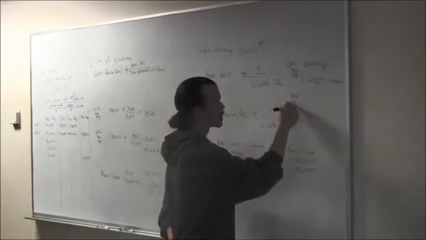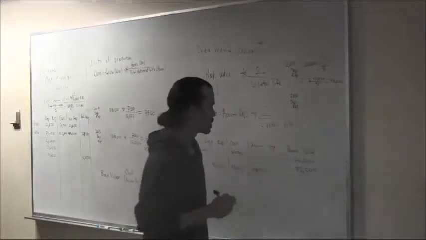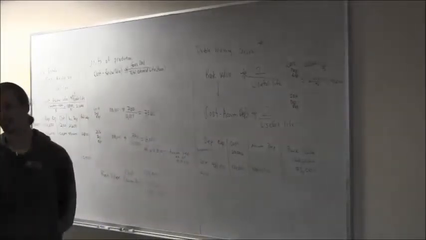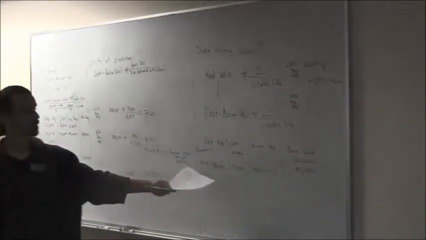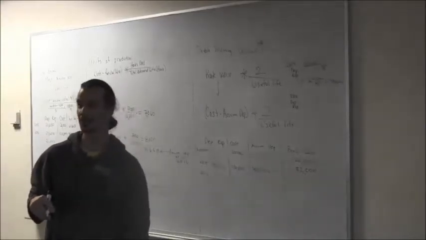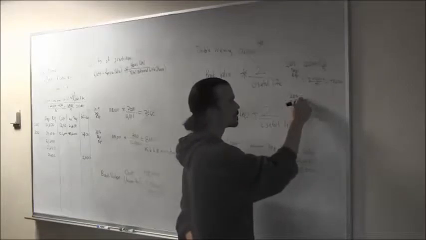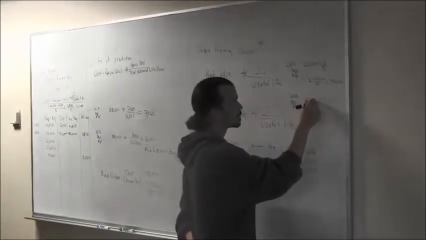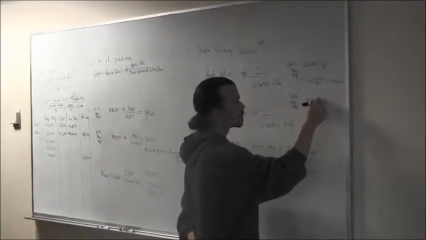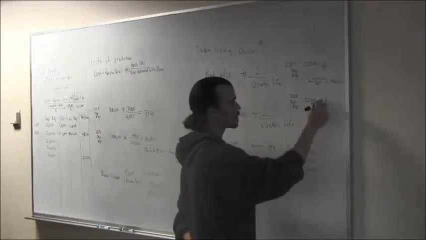Depreciation expense. I'm just going to use the book value because I'm using this worksheet to come up with it. Book value is 72,000 times 2 over 5.